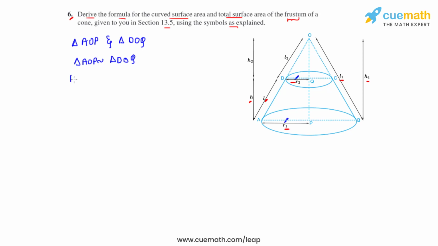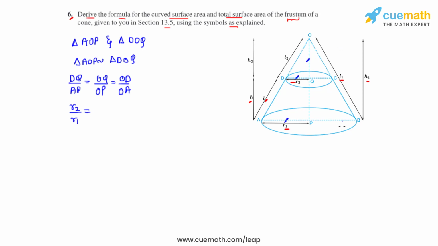So DQ by AP will be equal to OQ by OP and equal to OD by OA. We know that DQ is R2 as seen in the figure, AP is R1, and that will be equal to OQ.